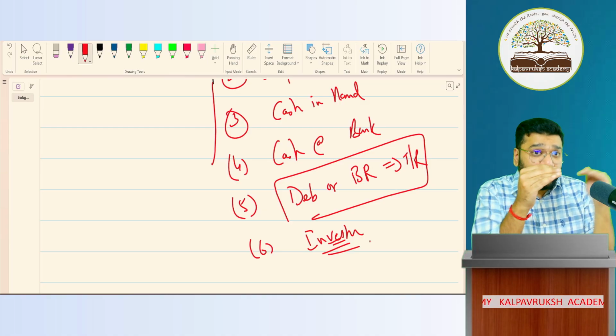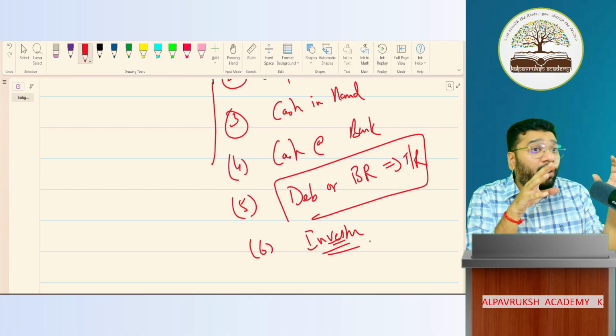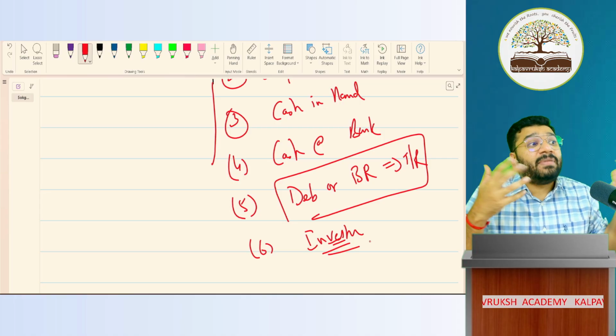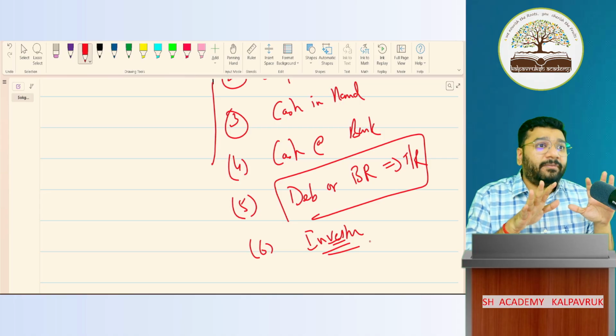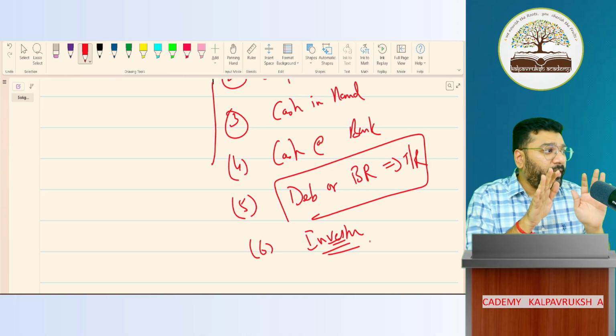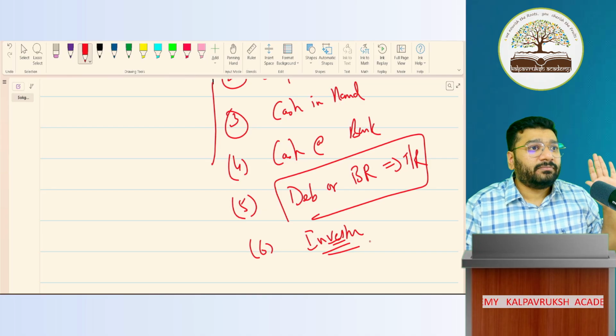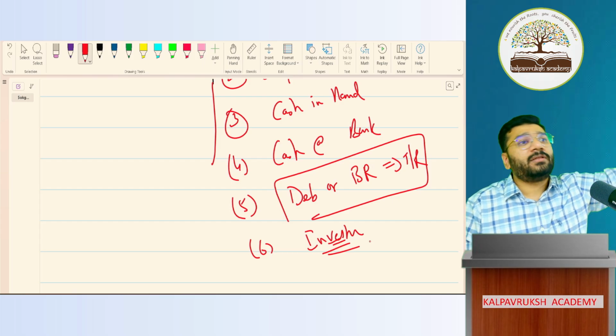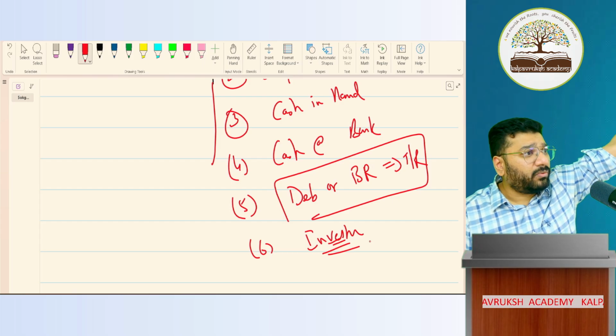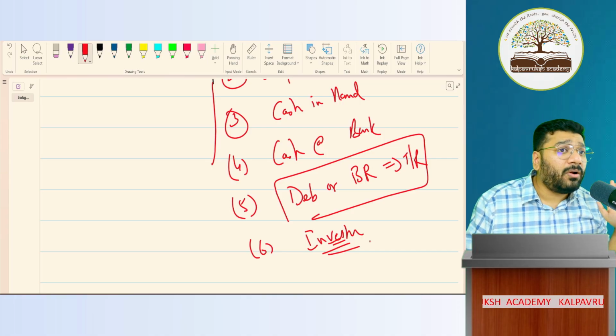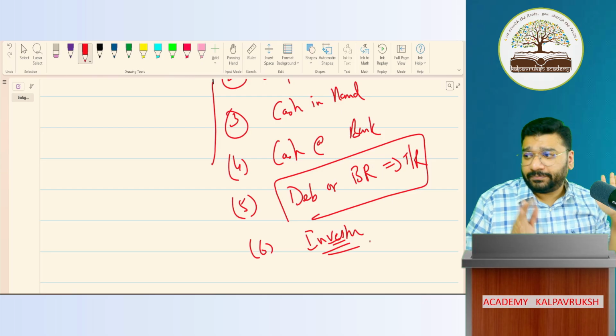I need to adjust my speed depending on how the batch is, because in every batch there are mixed people, so I need to satisfy everybody. I will try to modulate, so give me feedback then and there. After finishing 2-3 classes, don't come and tell me that class was fast. Can I go and change it now? No. Then and there you have to give me feedback. Got it, not got it? Clear or not clear?